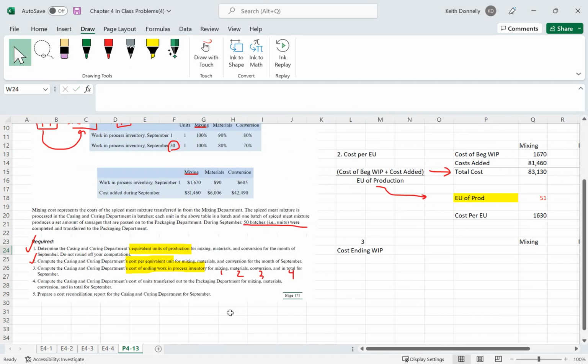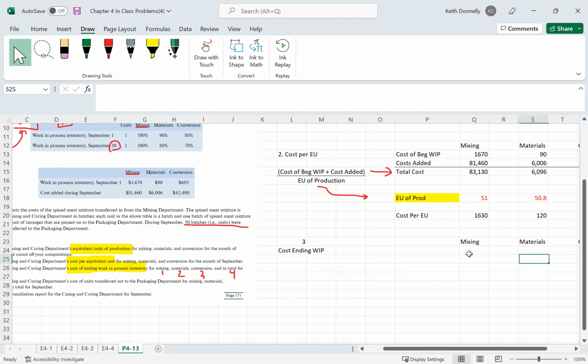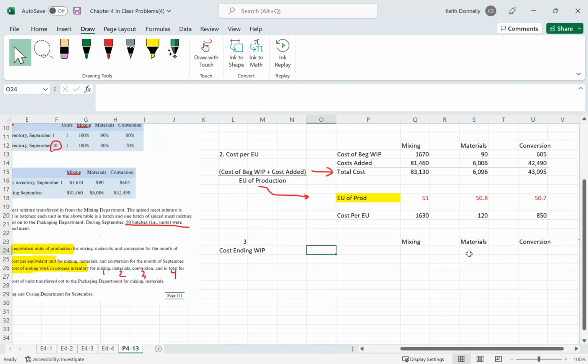Now, one of the things with 3 that will help us, and it's going to build on it later on, is to look at how we would calculate the cost of our ending WIP. Essentially it's our equivalent units times the cost per equivalent unit.